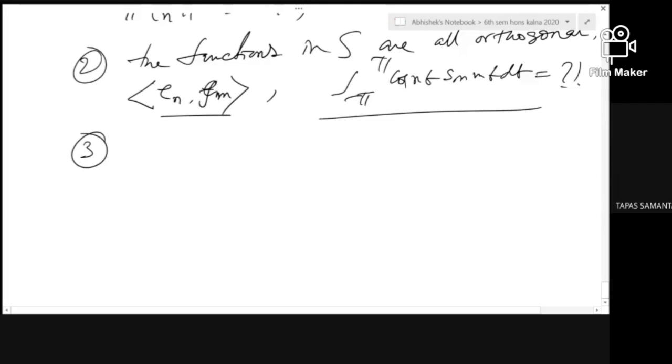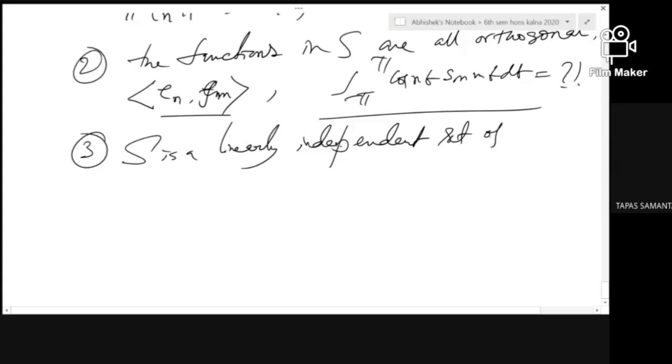And number three, S is a linearly independent set of functions.